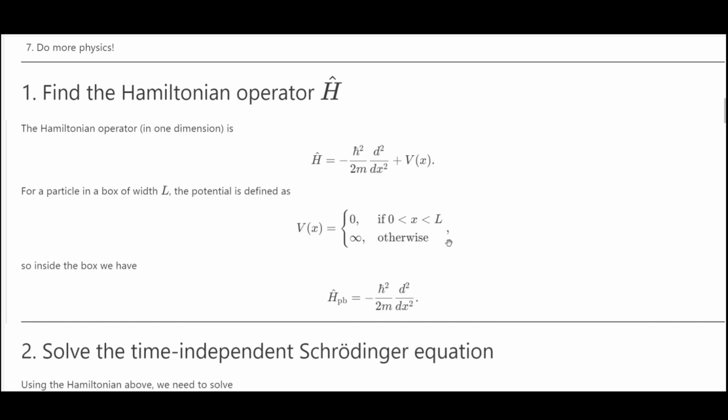And that means that the particle cannot exist outside the box. And that is what defines this particle in a box model. So our Hamiltonian inside the box is simply, essentially, this second order derivative with respect to x.